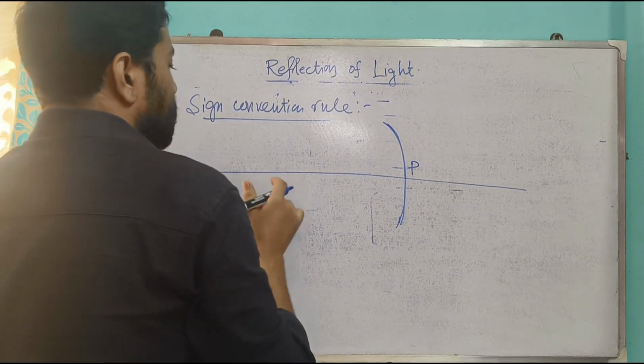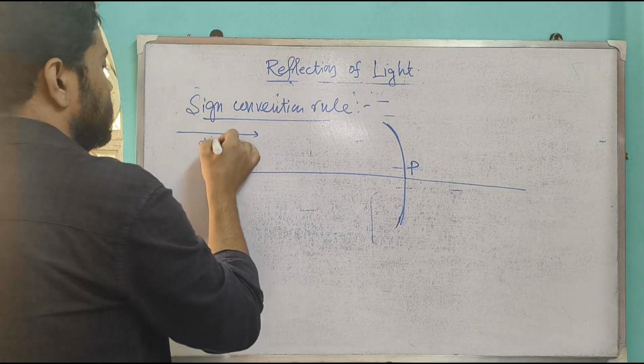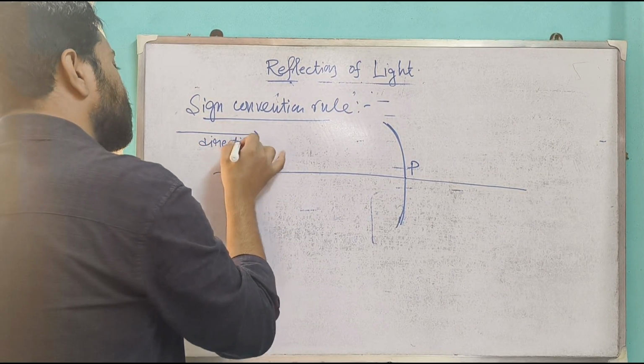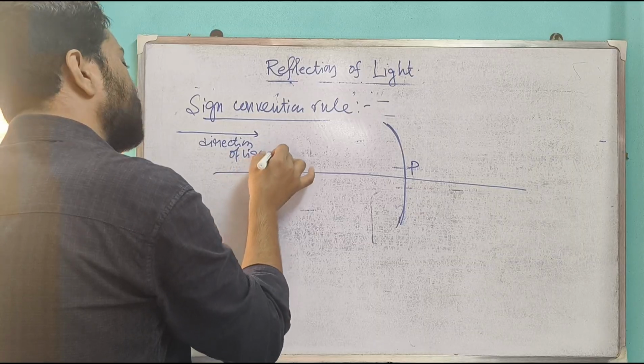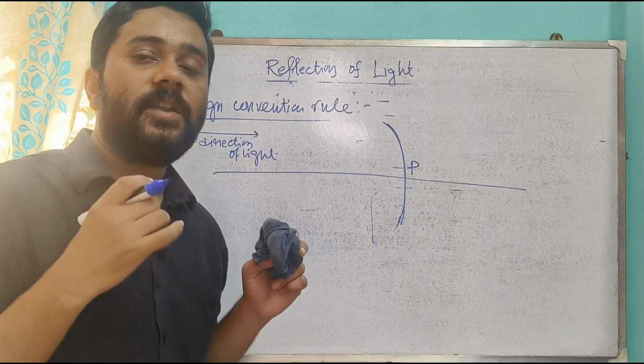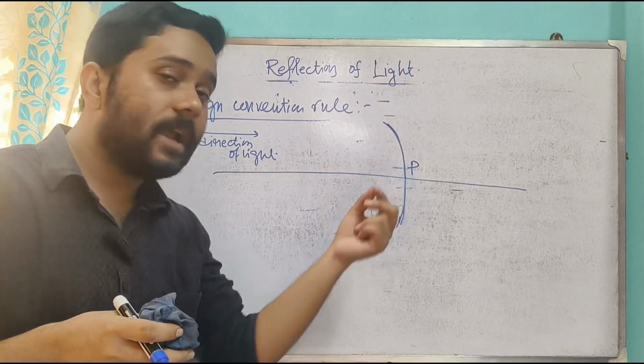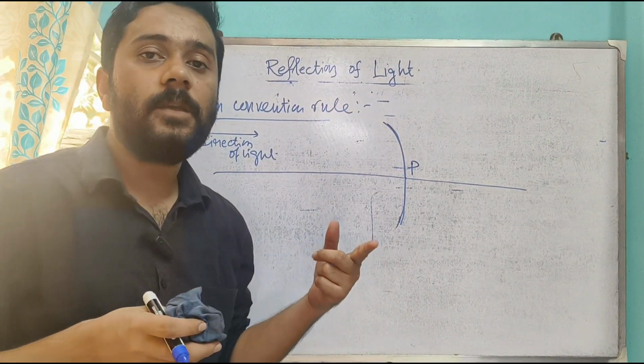Now suppose this is the direction of light. If we are measuring any distance along the direction of light, that distance will be positive.